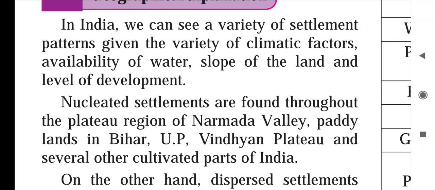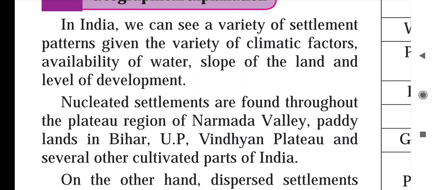The nucleated settlement pattern we will find in areas where all these factors are available, meaning climatic factors, and availability of water is very important. Without water people cannot survive: water for agriculture, water for industries, water for their daily livelihood.